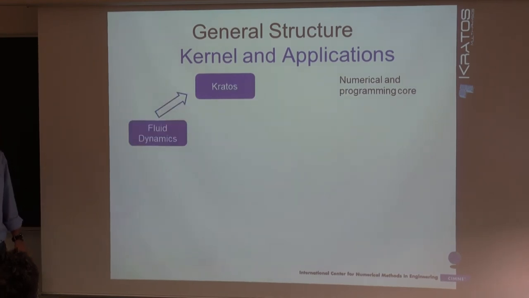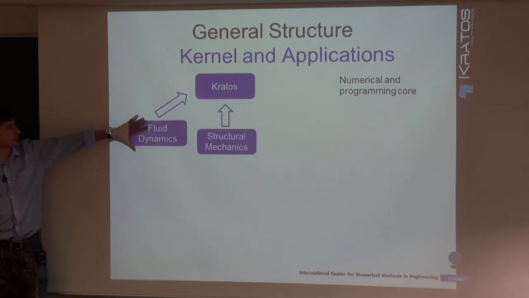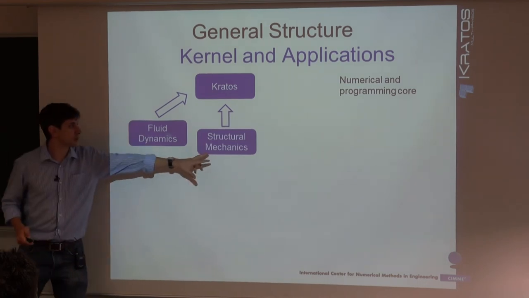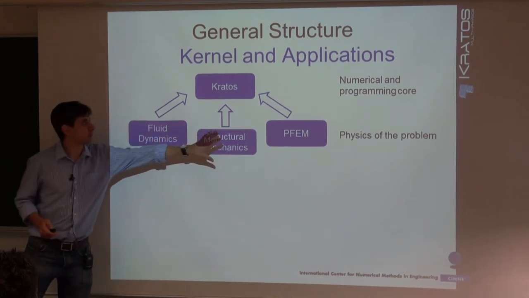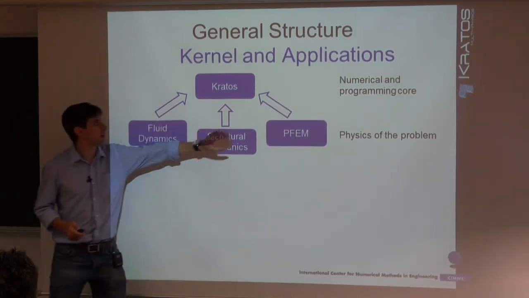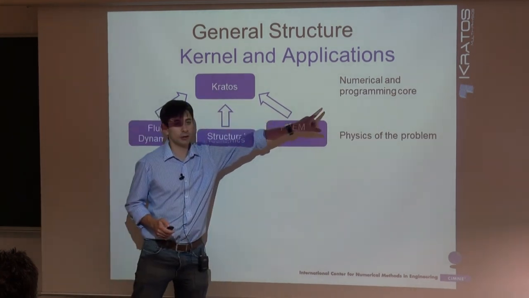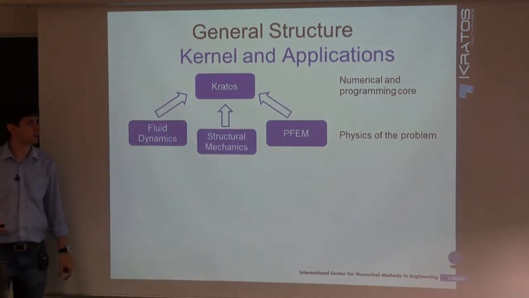So Kratos is a programming numerical core, and you have standard fluid dynamics applications. You have the structural mechanics application. You can have the PFEM. This would contain part of the physics of the problem, while the kernel has only numerical and programming functions.